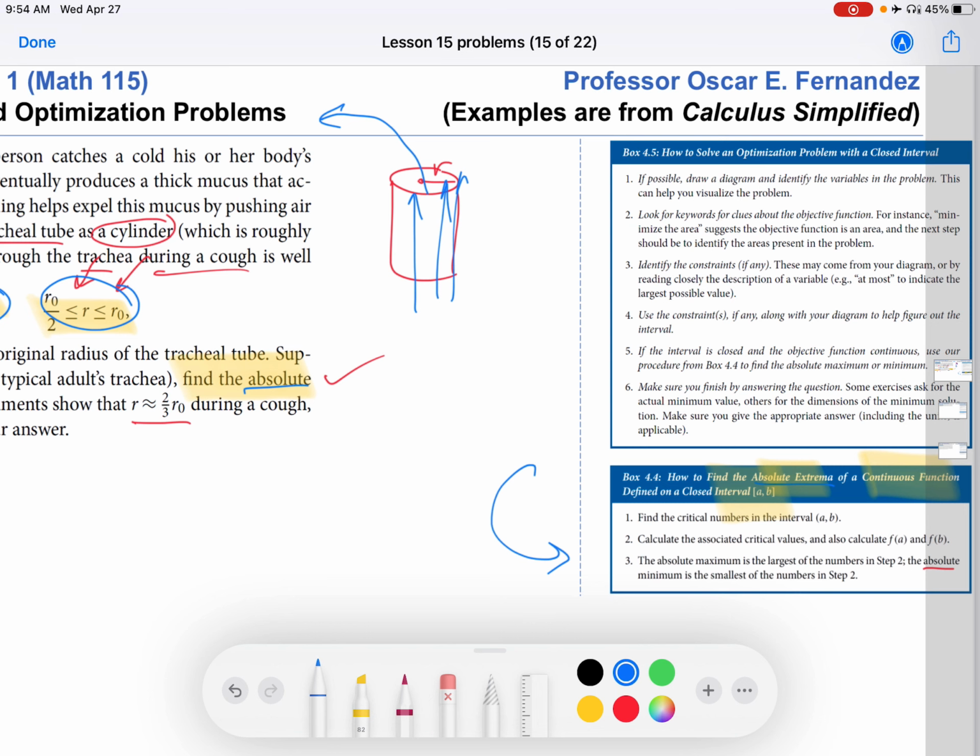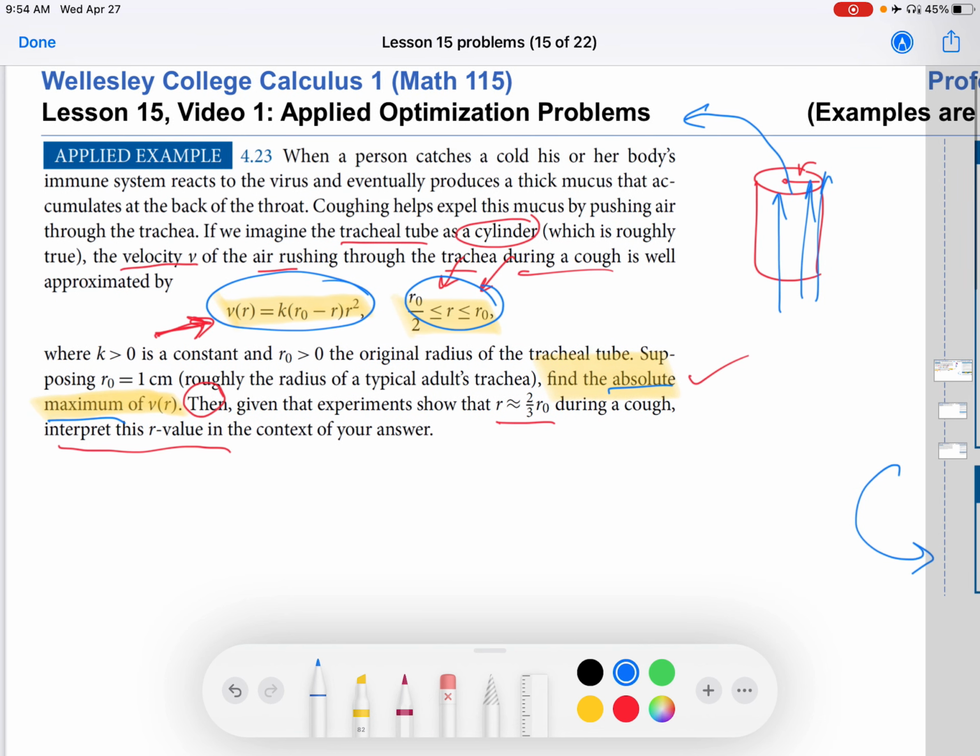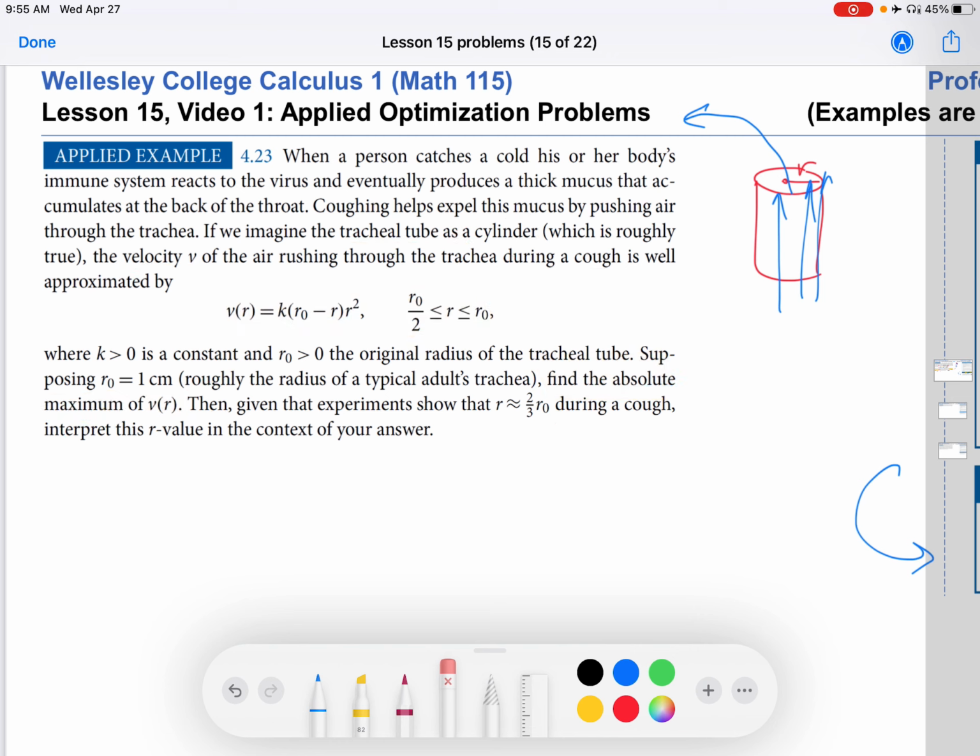So step number one, we're going to find the critical numbers in that interval. Okay, continuous function. All right, so now let's remove all this clutter and look at our objective function V of r and then talk about the type of function it is. So V of r over here, k we're told is a constant that's positive.